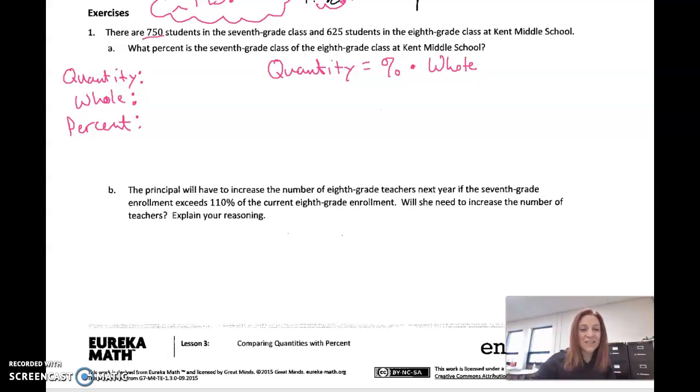So there are 750 students in the 7th grade class and 625 in the 8th grade class. What percent is the 7th grade class of the 8th grade class? Of. Of is our hint. Remember, that means to multiply. That's our whole.